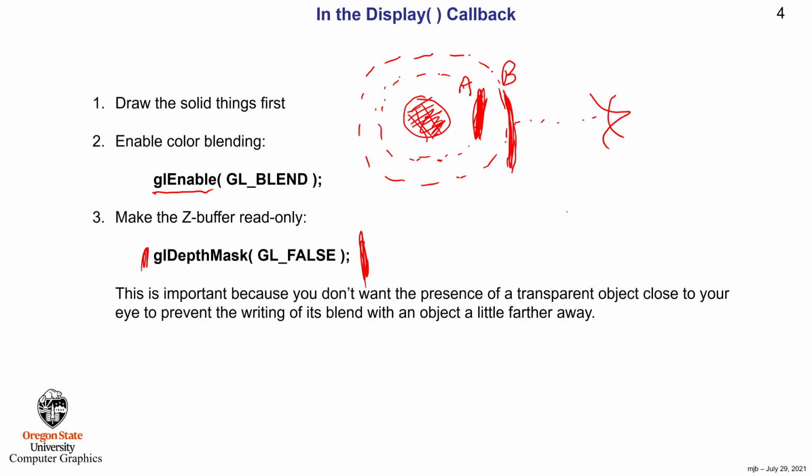What if we have a solid thing here and we have kind of a mix of A and B like that? And okay, now we don't know. I don't know whether we're drawing the outer thing first or the inner thing first, because at times A is outer and at times A is inner. So anyway, if you're doing two transparent things, then we typically disable the Z buffer.